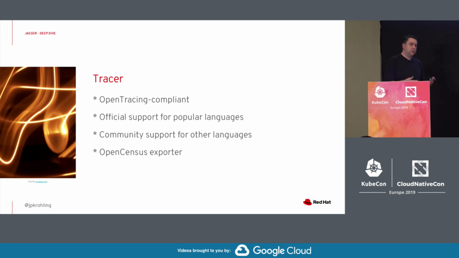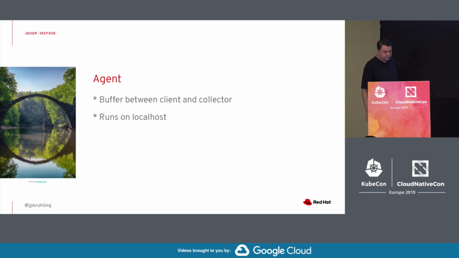So there's no Jaeger API, so to speak, right? So your application is only talking OpenTracing. And when you plug in the Jaeger tracer, it's able to use your OpenTracing instrumentation to create data based on that. And then there's, of course, the ability to use other tracers like OpenCensus and, in the future, OpenTelemetry. But that technically does not belong to the tracer component.